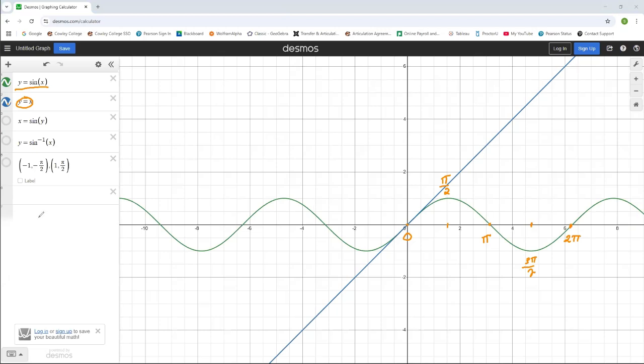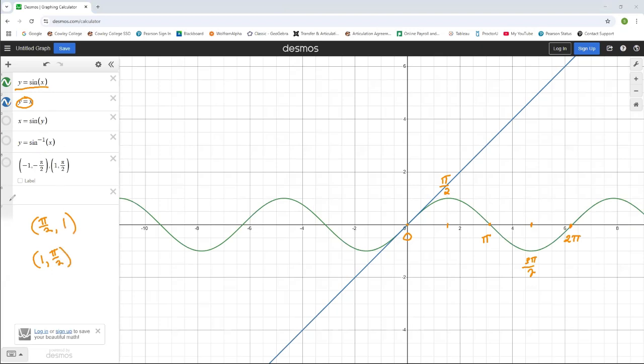Okay, so for instance, let's go to this pi over 2. So when x is pi over 2, we know that y is equal to 1. So that's the ordered pair that would be in the sine, y equals sine of x. So if we create the inverse function, we should find that 1 and pi over 2 take the place.